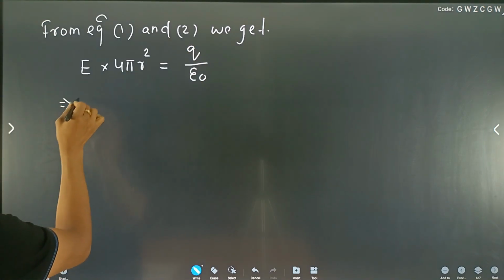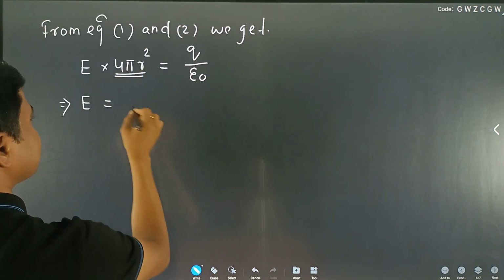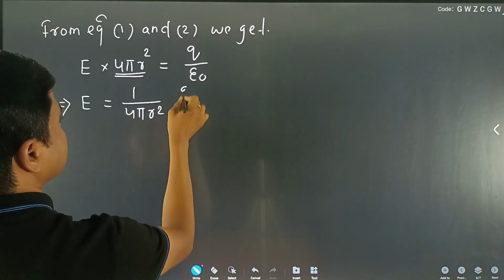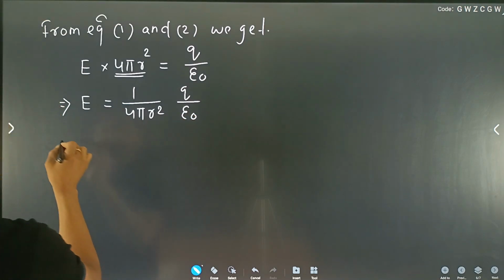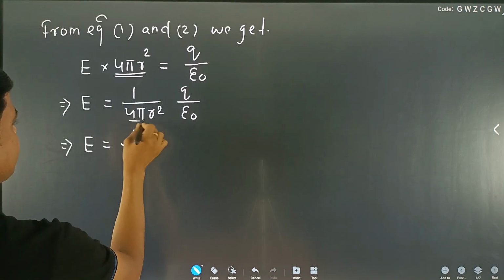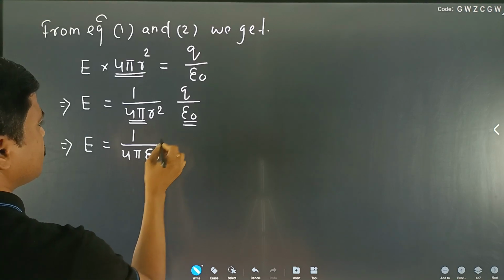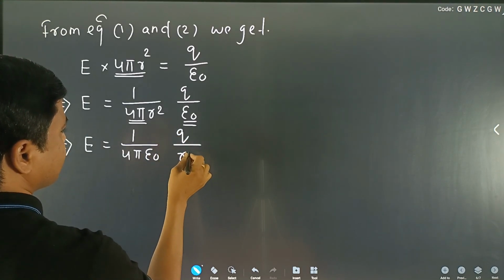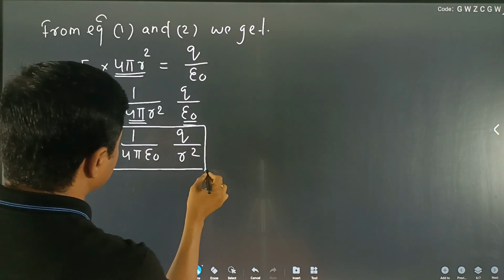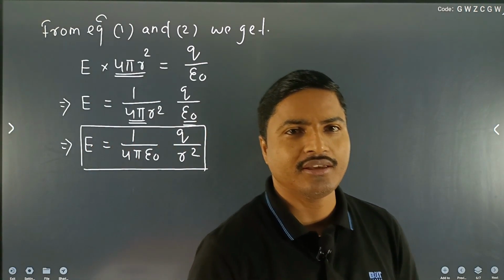That implies E is equal to, we take 4 pi r square to the right hand side, 1 divided by 4 pi r square multiplied by Q by epsilon 0. Or we also write E is equal to 1 divided by 4 pi epsilon 0 multiplied by Q by r square. This is the magnitude of the electric field intensity at point A.